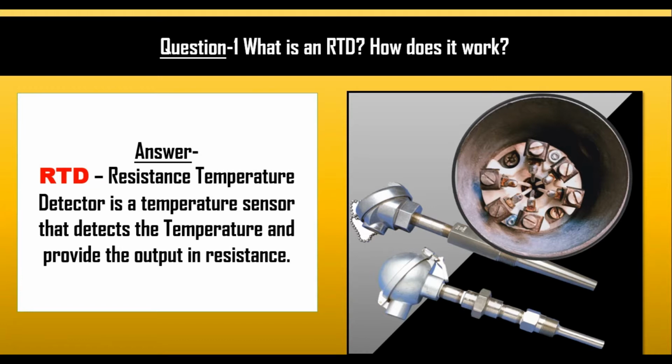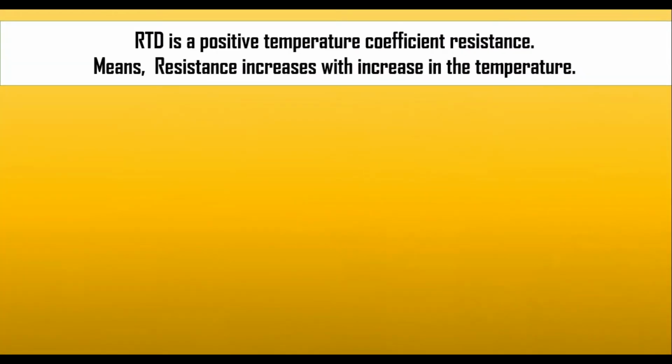RTD is shown in the pictures. RTD is a positive temperature coefficient resistance, which means resistance increases with increase in temperature. If an instrument is positive temperature coefficient resistance, then its resistance increases with temperature.